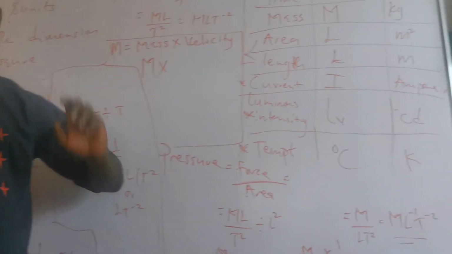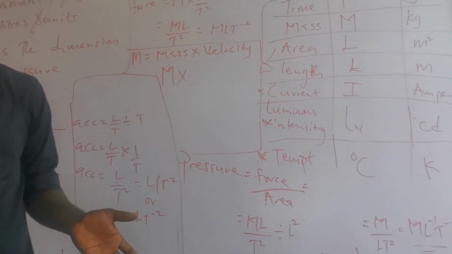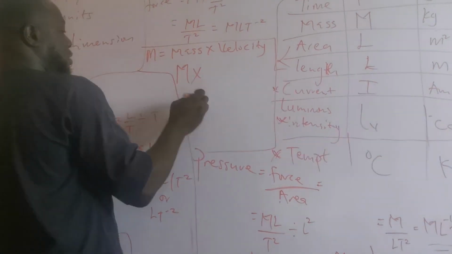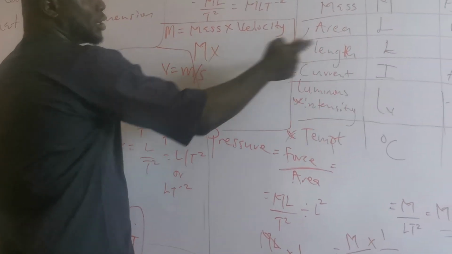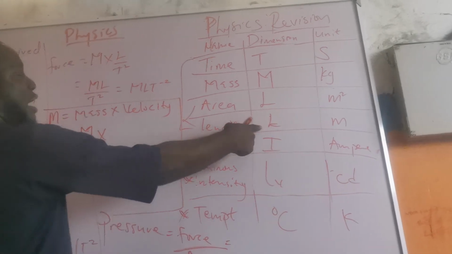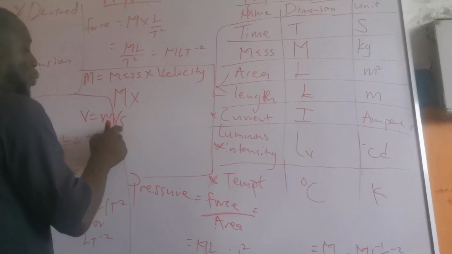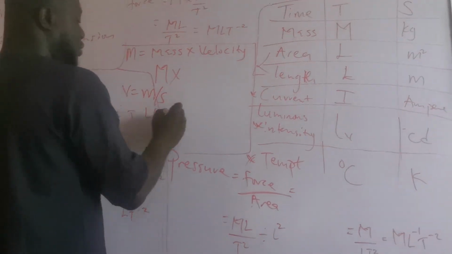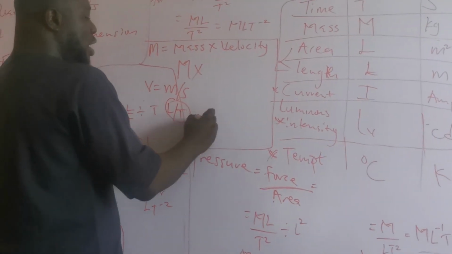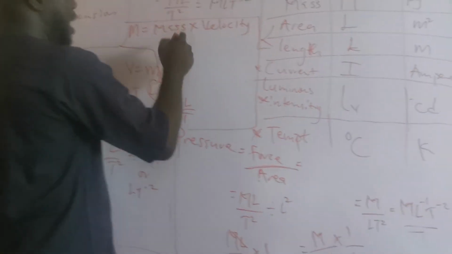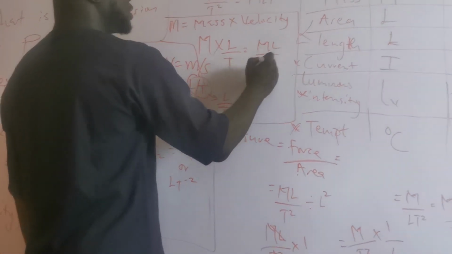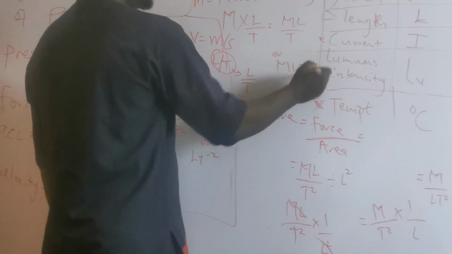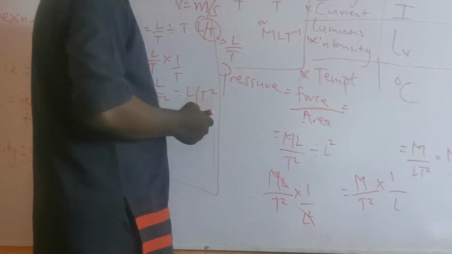The unit of velocity is meter per second. Meter is L, seconds is T. So velocity is L over T, which gives us ML over T, or MLT raised to minus 1. Am I communicating now? Yes. Thank you. That's it.